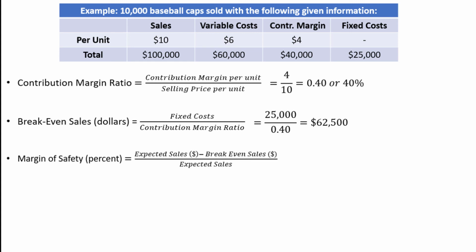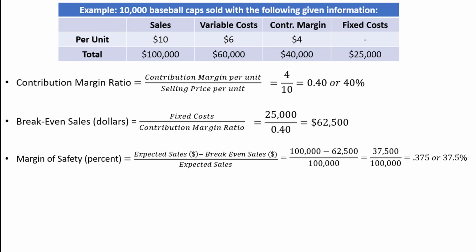For our example, we have $100,000 in total sales minus $62,500 in break-even sales divided by 100,000. The numerator is 37,500, which is how much sales can fall in dollar terms before a loss would be incurred. Dividing by 100,000 gives us 0.375 or 37.5%. This means that sales could fall by 37.5% before the company would have a loss.